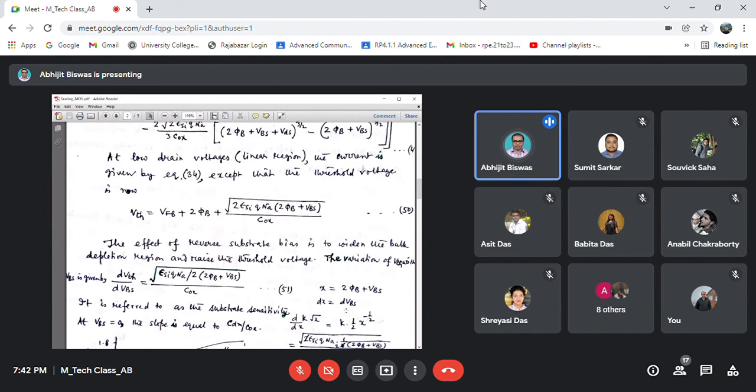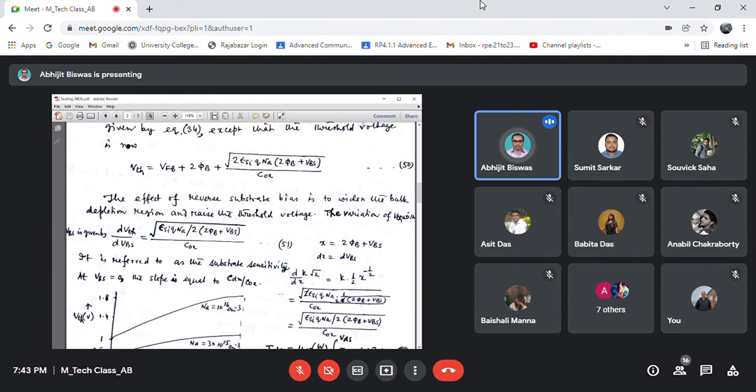So this effect of reverse substrate bias is to widen the bulk depletion region, and it actually raises the threshold voltage. So this is a very important point, you must note it. The effect of reverse substrate bias is to widen the bulk depletion region, and it raises the threshold voltage.